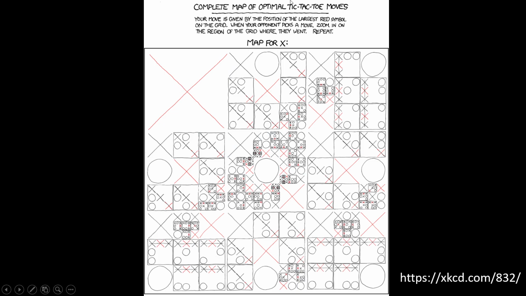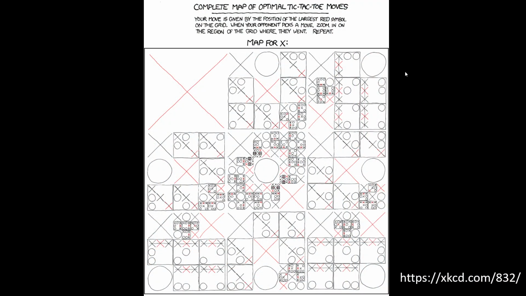In fact, there is a map made by a person. This is actually pretty much hand drawn by the guy. Actually, there are very funny comics if you like math in general. He does great stuff. I have been reading this for a while, and he made a complete map for optimal tic-tac-toe moves by hand.